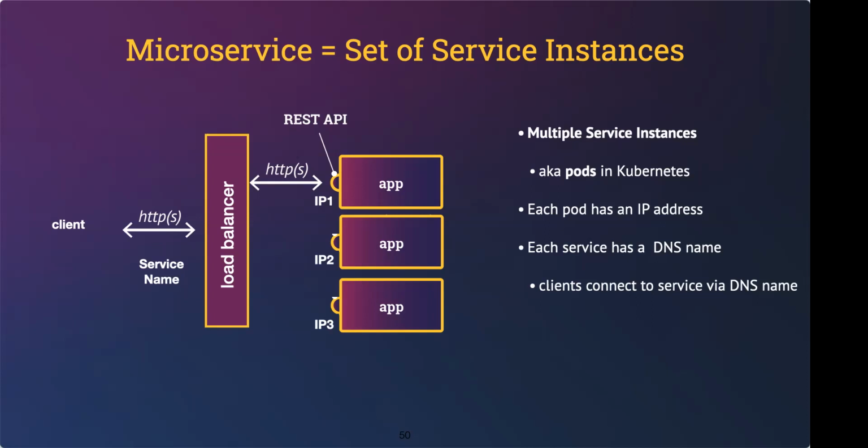The client just sends a request to that service using the name, it gets forwarded to the load balancer, and the load balancer forwards the request to one of the application instances. Okay, so this is just a little intro or a reminder of how things work in cloud native.